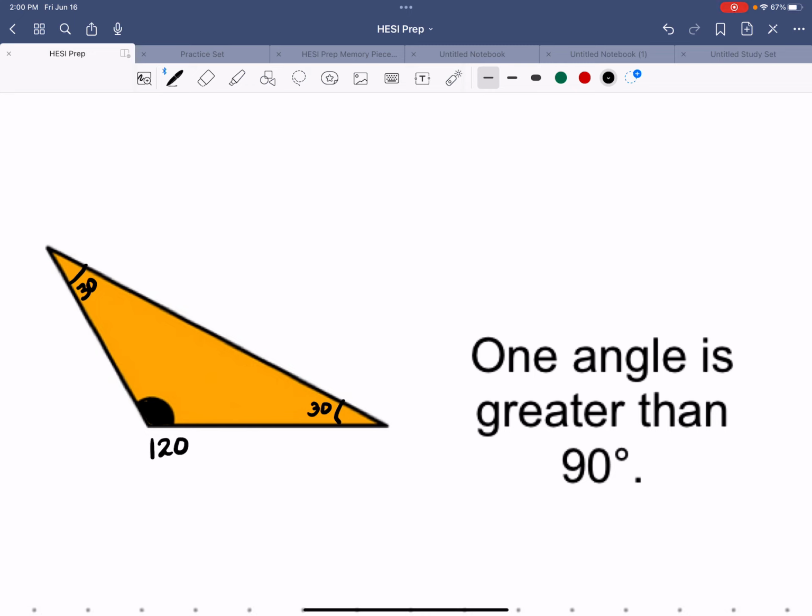So you have 120 plus 30 plus 30. So that's 180 total. And it's isosceles because two of the sides are the same. These two would be the same. Those base angles are the same. But as long as you have that one very big angle in there, that's the obtuse angle. It is an obtuse triangle.